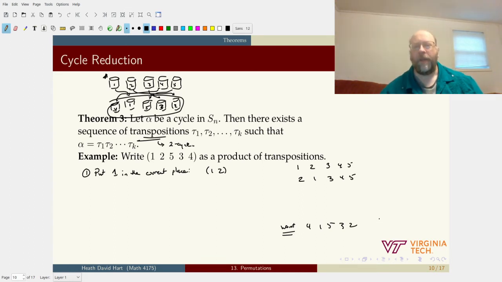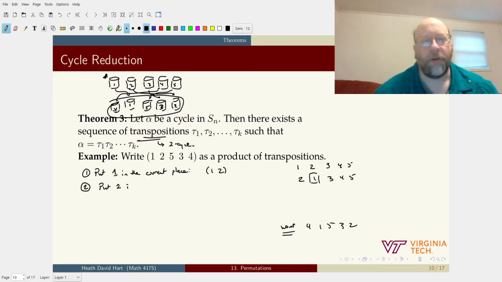And 1 is now in the correct place. All right, now this is a little tricky. We want to put 2 in the correct place. But remember, 2 is currently occupying position 1.